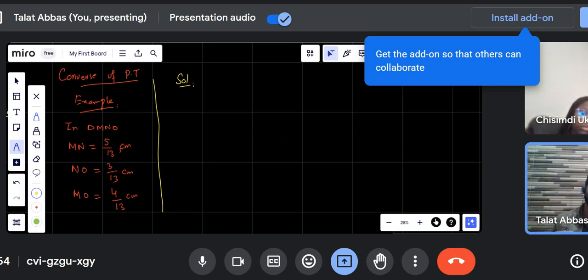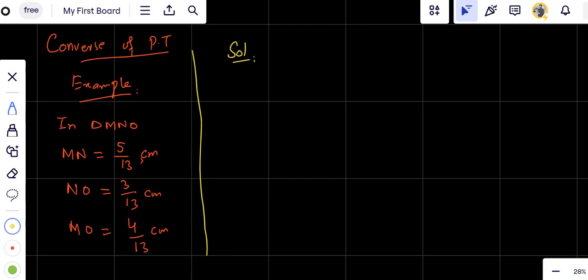When dealing with fractions with the same denominator, 13, 13 and 13, the biggest numerator gives the biggest value. So MN is definitely the hypotenuse, and NO and MO will be the opposite and adjacent. Can you apply this?